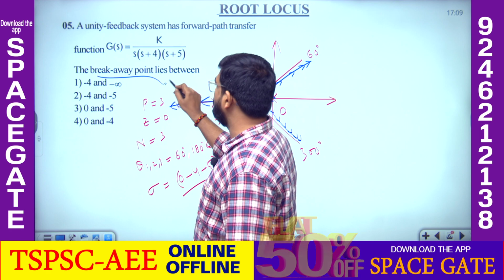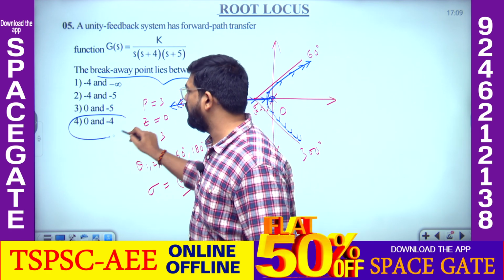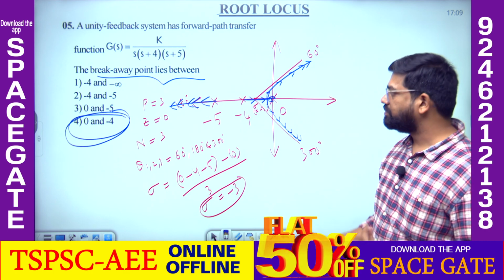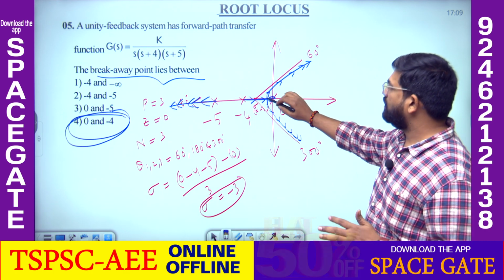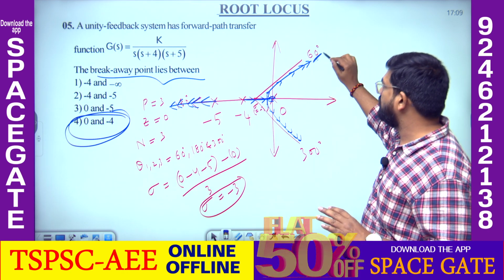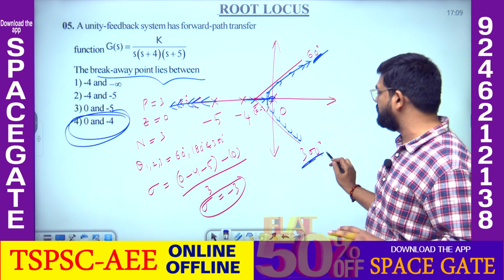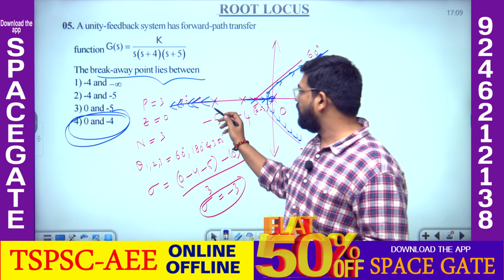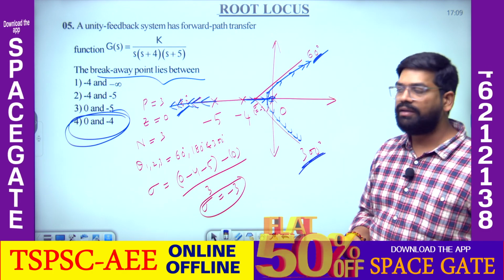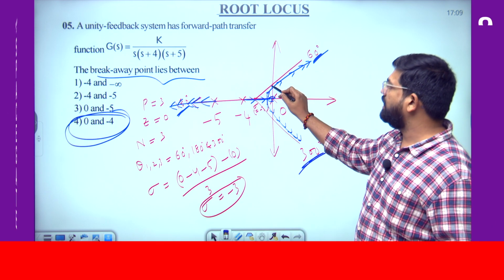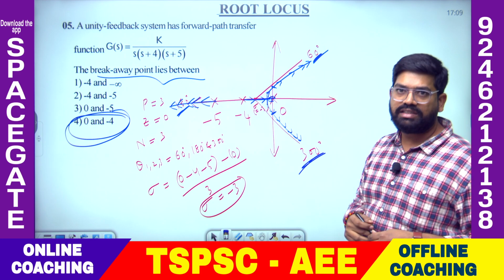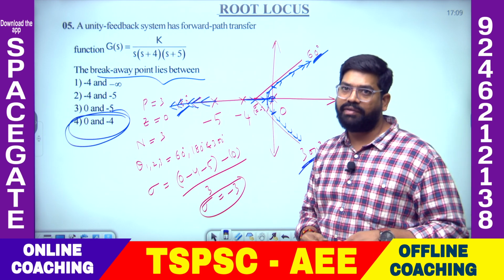The breakaway point lies in between 0 and -4. Then the locus crosses the imaginary axis and travels along 60 degrees. One branch is along 60, another branch is along 300, and this branch travels along 180 degrees. Crossing the imaginary axis, at what value of k, and what the intersection point is, we already saw in the previous one.